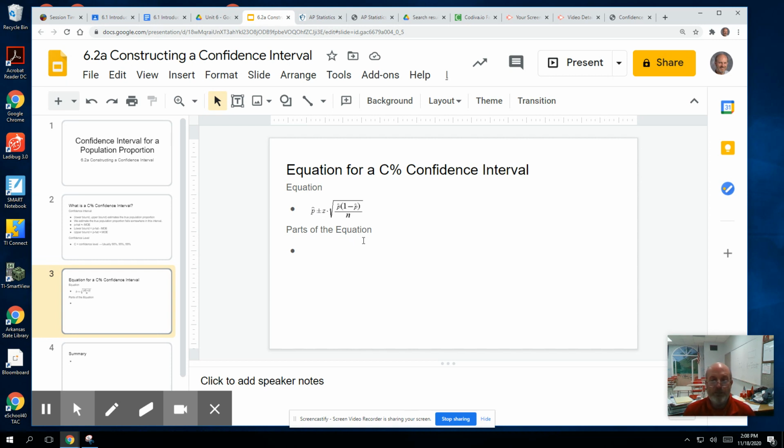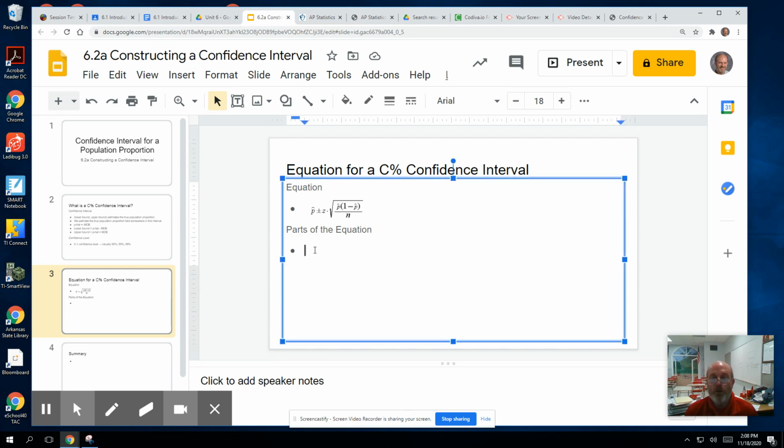I'm going to tell you what the z is here in just a few moments. I usually, when I write it, denote it as z star. And then this is going to be, this should look really familiar to you after our sampling distribution unit, the square root of p hat times 1 minus p hat, all divided by n.